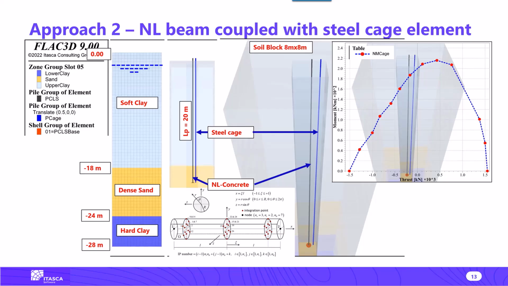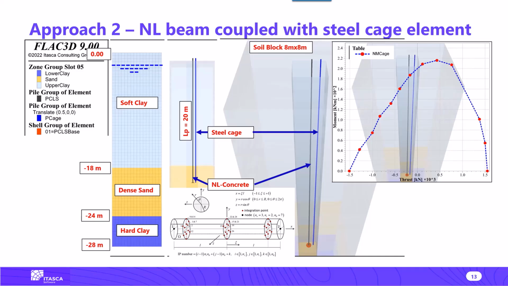Now with FLAC3D version 9, we have a nonlinear element. Essentially, you see in the lower portion a pile with all the Gauss points for the integration of the stresses in the cross section to come up with the stress resultant. But there is no steel cage, there is no reinforcement.